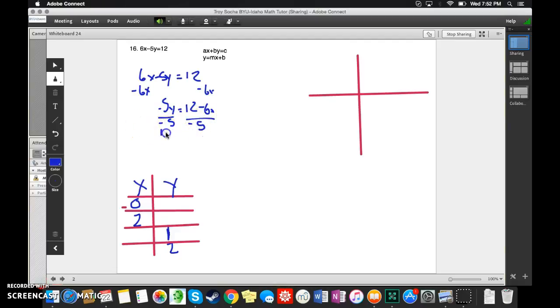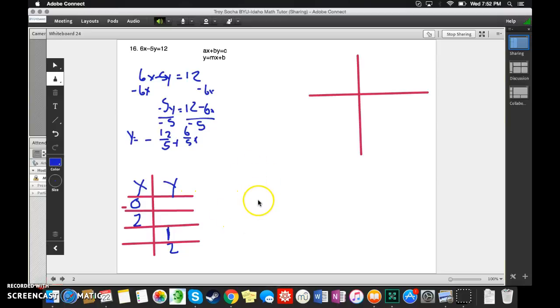So now we get negative 12 fifths plus 6 over 5 x. All right. So y equals that. This is going to be a very important step to mention: we have now y equals. This will allow us to solve for any x value by just plugging in our x and isolating that side of the equation. I'll show you what that means.